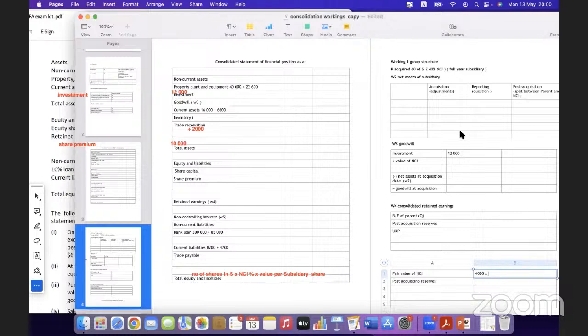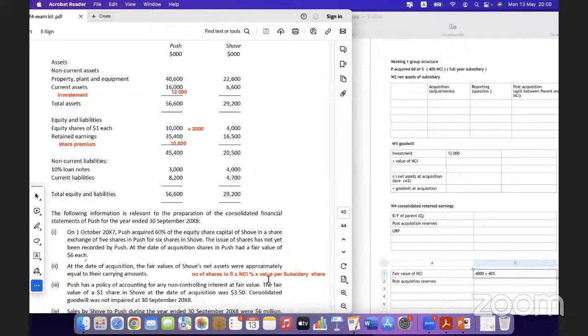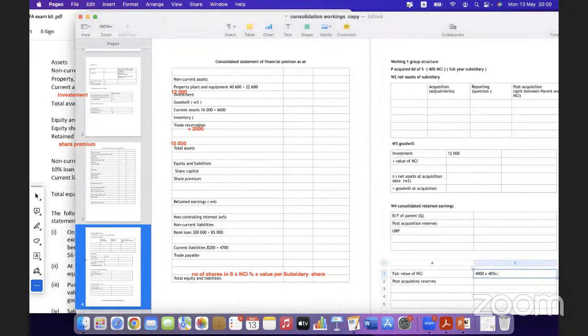NCI percentage is 40%. This one you have to multiply by value per subsidiary share. The fair value of a $1 share in Shove, who is subsidiary, at the date was 3.5. So 3.5 per share. If you take 3.5 per share, the answer will be 5,600.